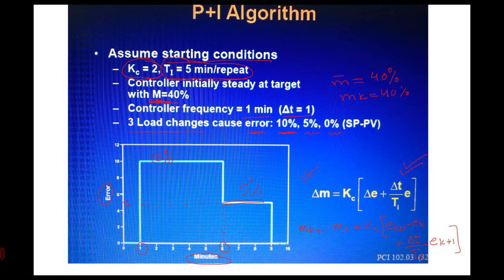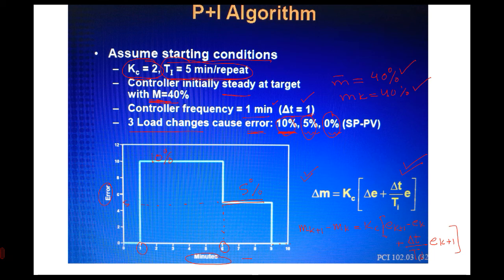The controller output is initially at the steady state of 40%, and this can be treated as m bar, or this is also mk. The controller frequency is 1, so we have delta t equals 1, and assume that 3 load changes happen, which cause the error to change from 10%, 5%, and 0%.